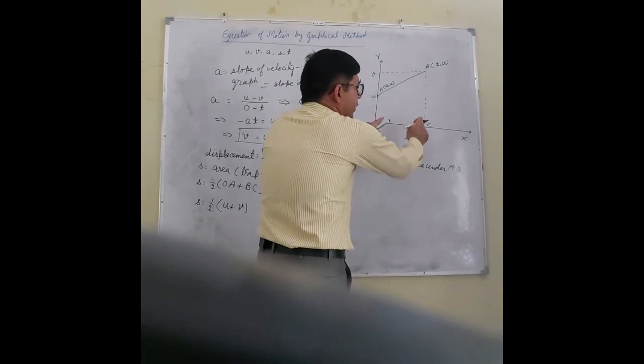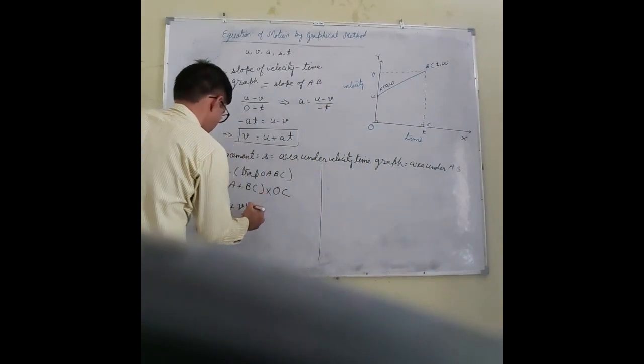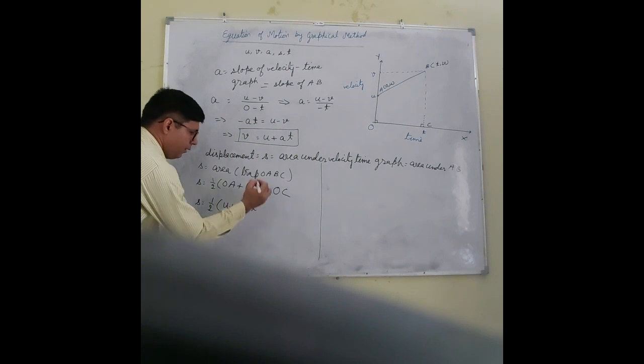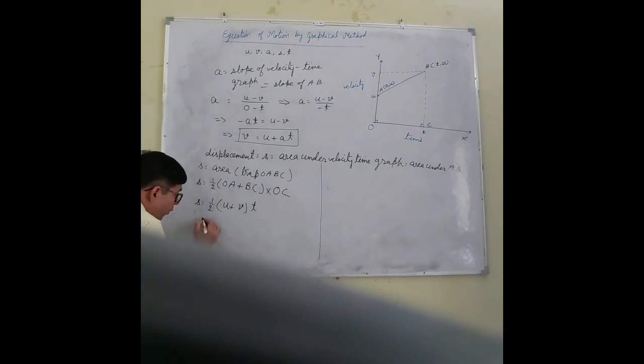OC is equal to T. Right? Now, what can I say? S equals 1 by 2 U, and what is V here? U plus AT.